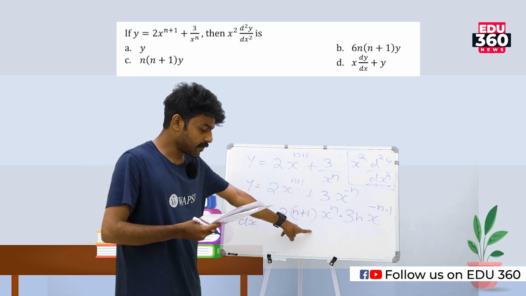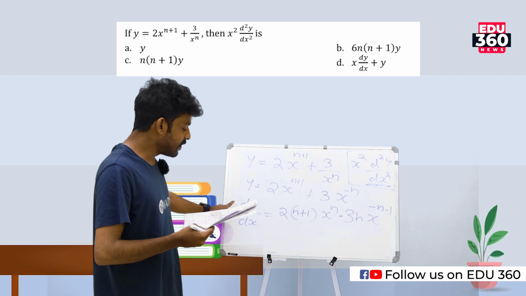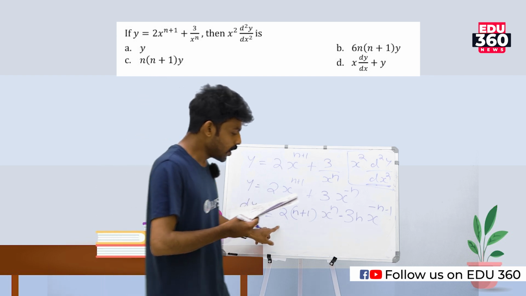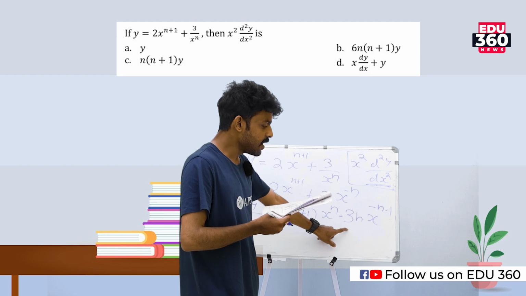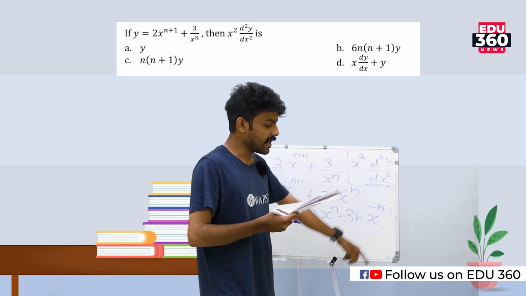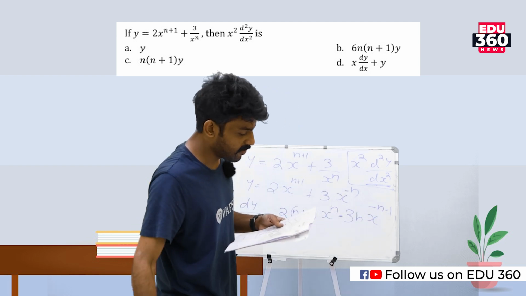Let me tell you once again, dy by dx is equal to 2 into n plus 1 x raised to n minus 3n x raised to minus n minus 1.